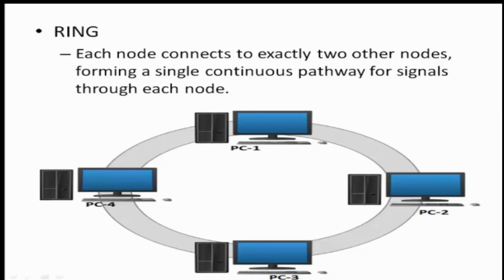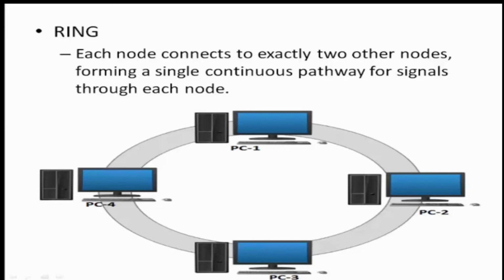PC2 checks whether the message is for it. If it is not for PC2, it just forwards the message to the next node. By this, there is a single continuous pathway for signals through each node. For backup, they also use a dual ring, because if one link goes down, the entire network goes down. So if one ring goes down, the other ring comes up at that time.